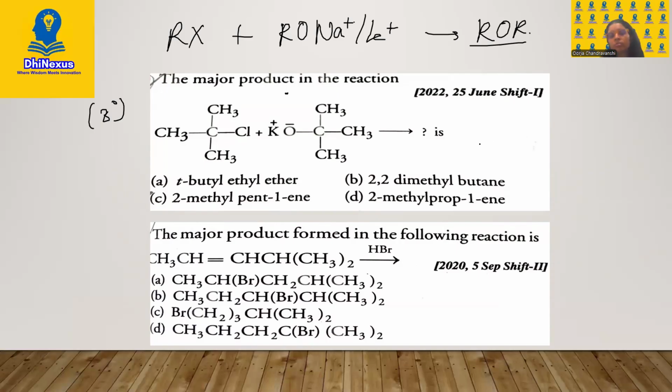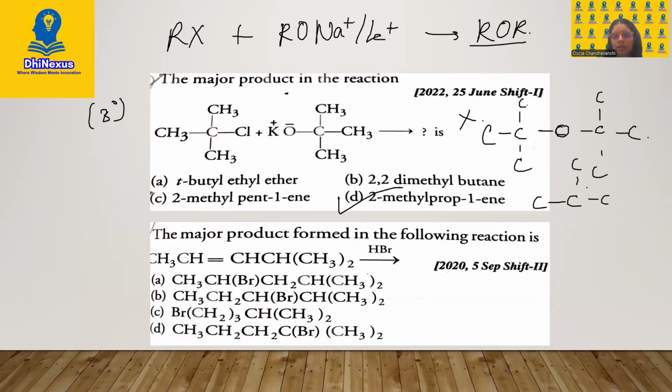So although naturally we would think that this should form a product like this, that is not the right answer. The right answer would be this one, 2,2-dimethyl propene. That is, elimination takes place whenever you have a tertiary alkyl halide. It does not lead to the formation of ethers. Ethers are not formed in case of tertiary alkyl halides.